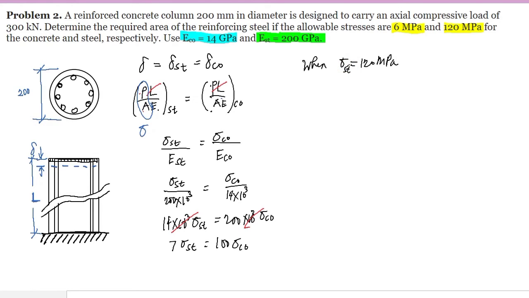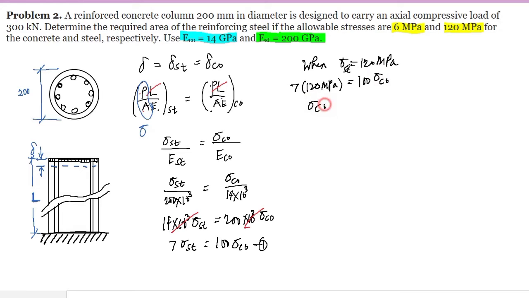So we substitute in equation 1, and we have 7 times 120 MPa is equal to 100 times the stress in concrete.